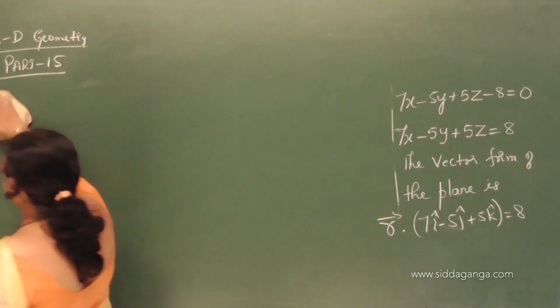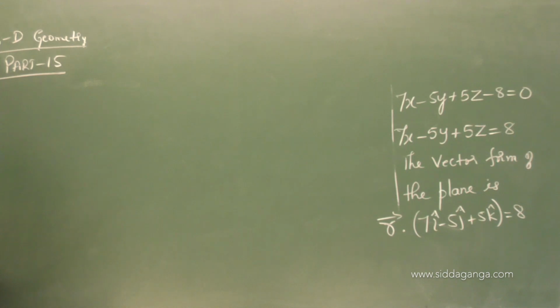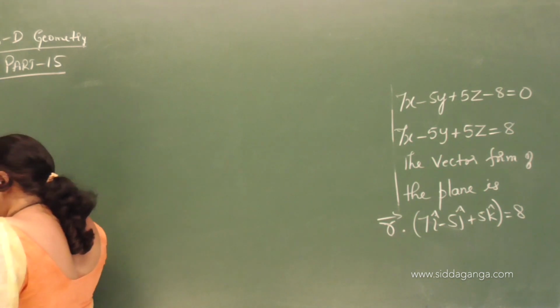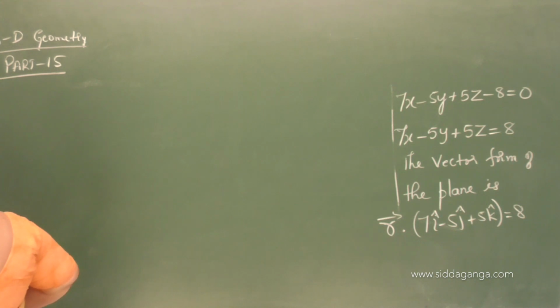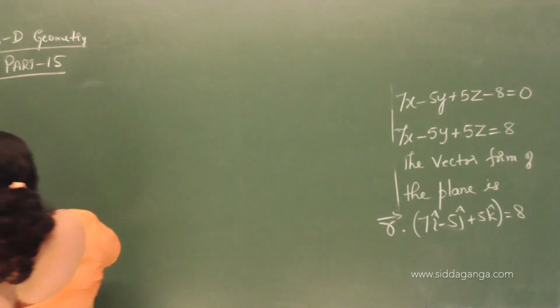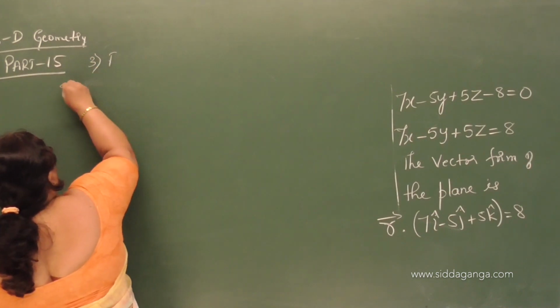So now we have to write: find the vector equation of the plane passing through the intersection of the planes. Find the vector equation. This will always be a 3 marks problem.